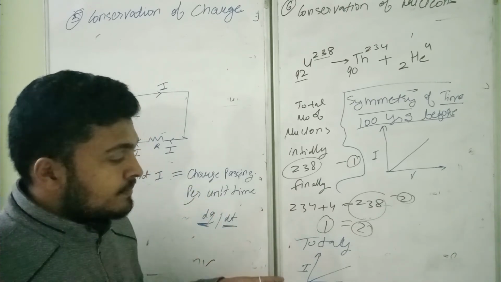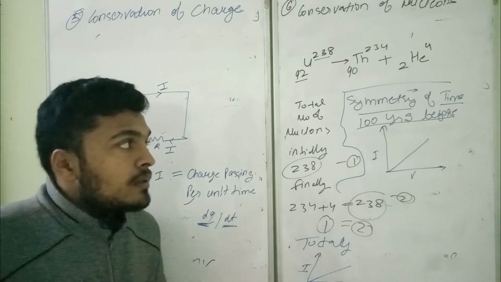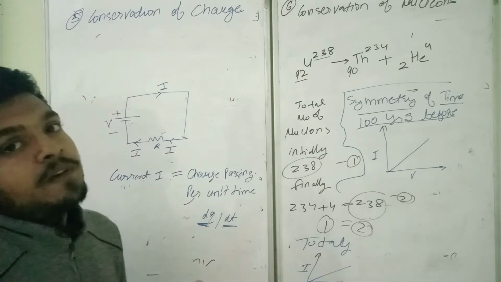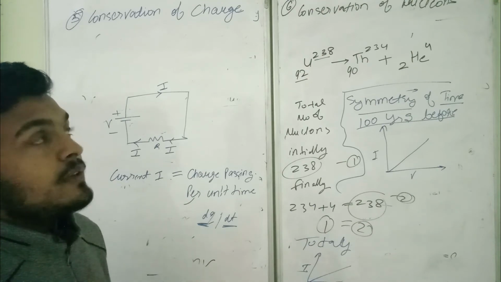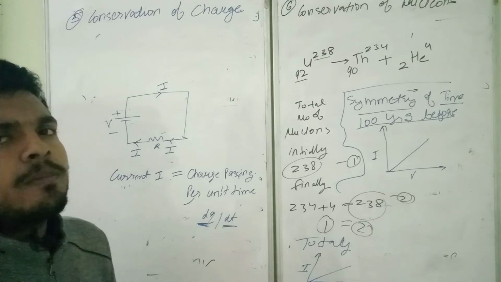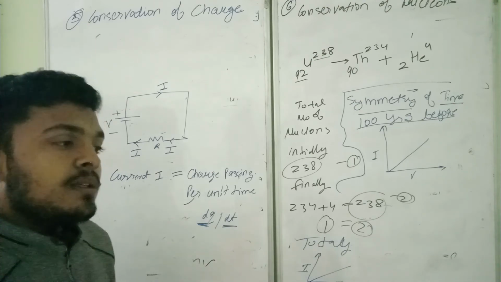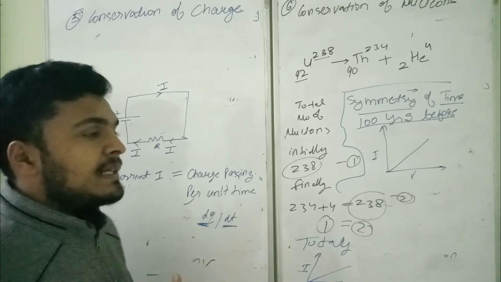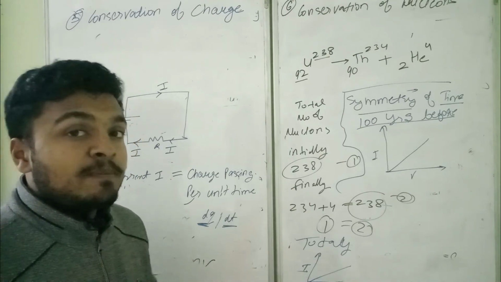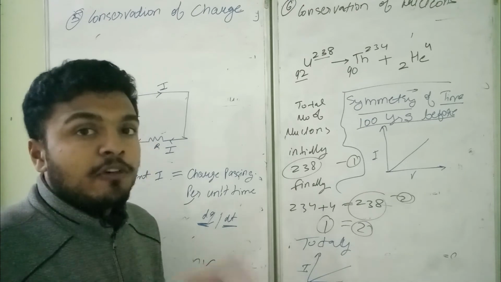This means that there is a symmetry of time. The conservation laws follow the symmetry of time: whenever you perform an experiment, if the conditions under which you perform it are the same, then the results of the experiment are independent of time.